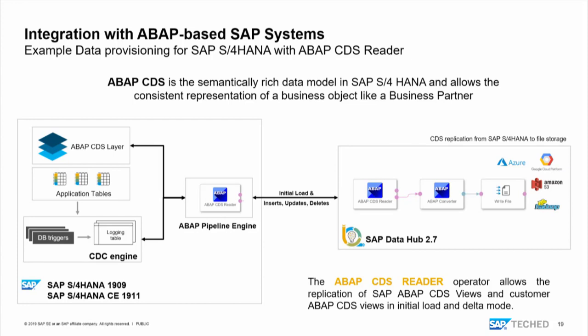We establish a communication, and then we can replicate the data exactly like I mentioned. The scenario could look like: replicate my data from a certain area of my S4 or my ERP system and then bring it into any supported target by Data Hub, which could be anything we are supporting in Data Hub.